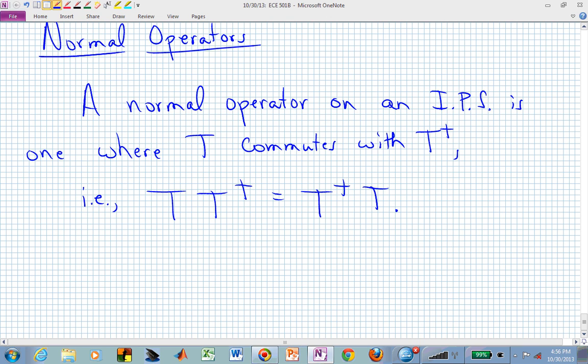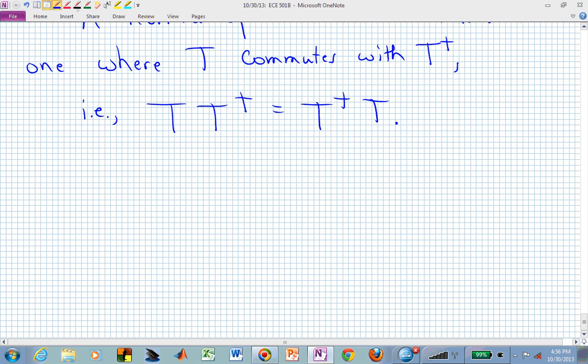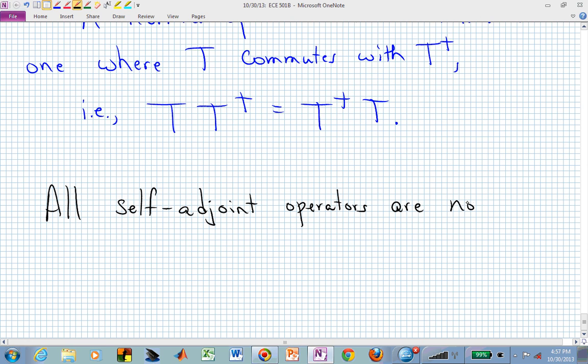Wow, I'm skipping a lot of notes, huh? So now let's just write down some facts. First, all self-adjoint operators are normal.